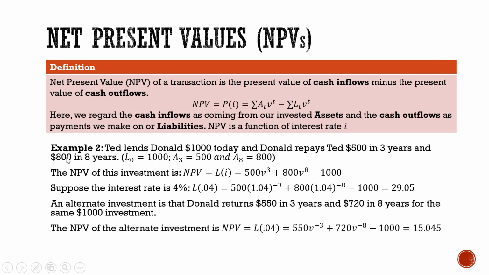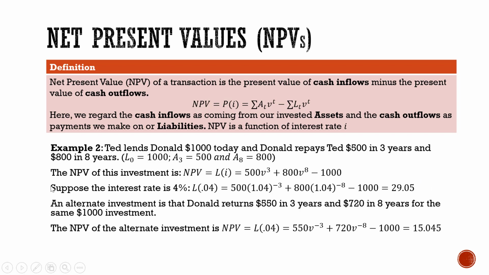So the net present value of this alternate investment is 550v^3 plus 720v^8 minus 1,000. And at the interest rate of 4%, the net present value is 15.045. So comparing the two investments, we see that the first investment gives higher net present value.